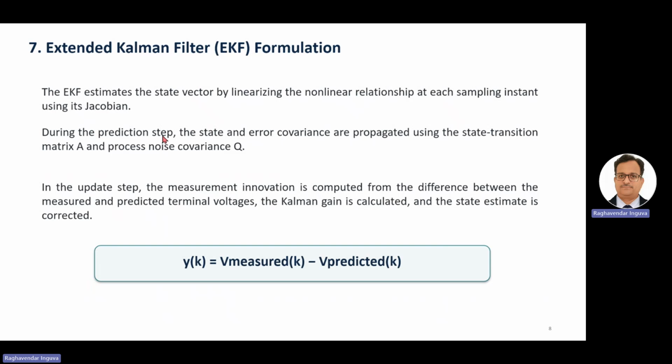During each prediction step, the state vector and error covariance are propagated using the state transition matrix A and process noise covariance Q. The update step is then used. The measurement innovation is computed from the difference between the measured and predicted terminal voltages, as shown here. The Kalman gain is then calculated, and state estimation is done using this correction.